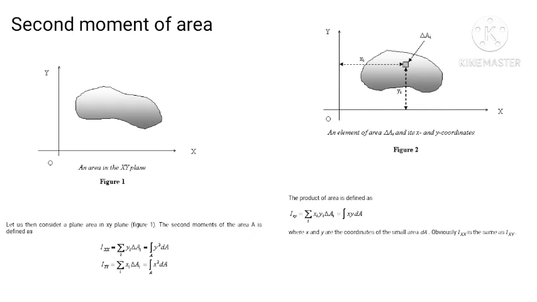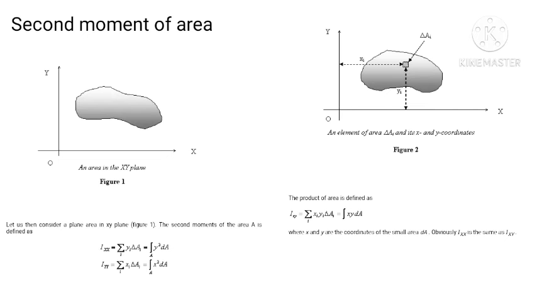Iyy is the summation of x² delta A, which gives the integral over A of x² dA. That is given for a plane surface.